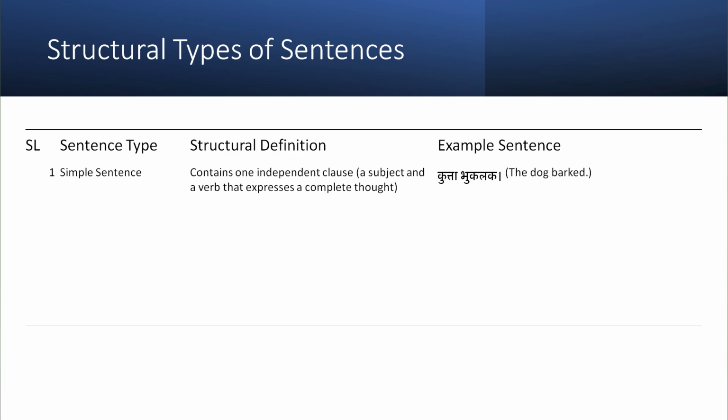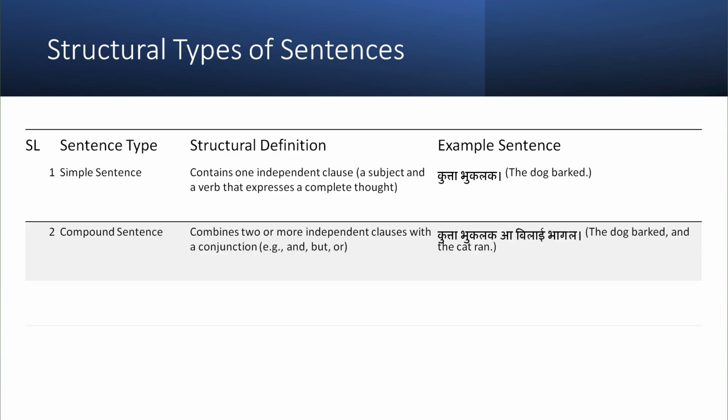The next structural sentence type is the compound sentence. The compound sentence combines two or more independent clauses with a conjunction. Conjunction means words like and, but, or, etc. In English, it would be the dog barked and the cat ran.